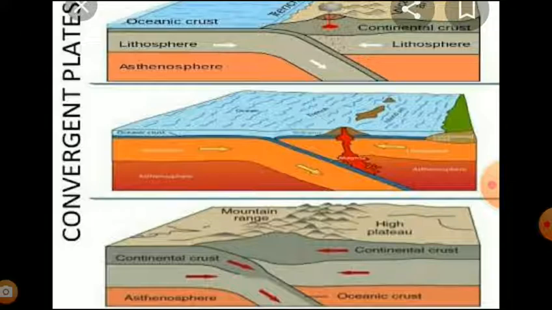The third one is where the lithosphere plates are placed on the continental crust. So these are three different scenarios, but the resulting effect is the same, that the asthenosphere tries to pressurize the upper crust of the earth, resulting in volcanoes and formation of different mountains or hilly regions.